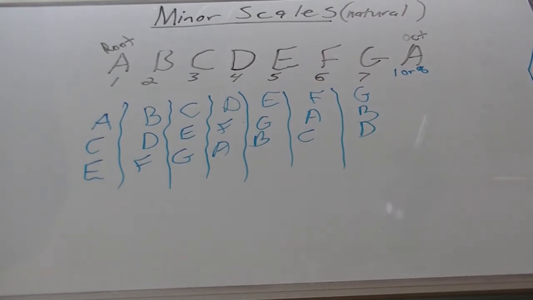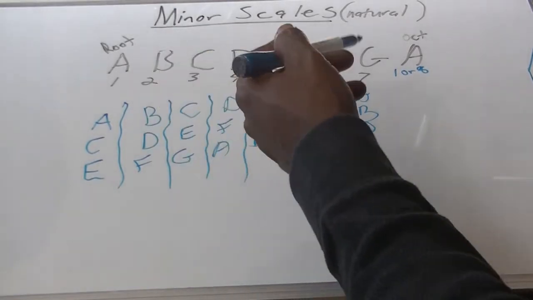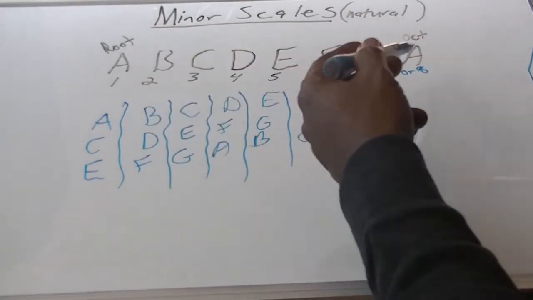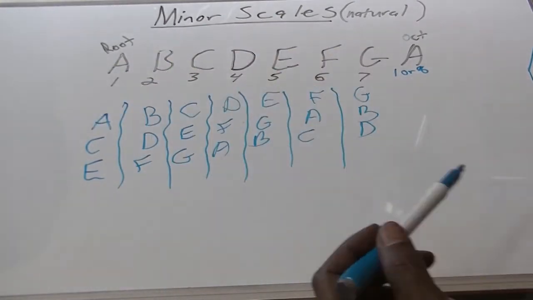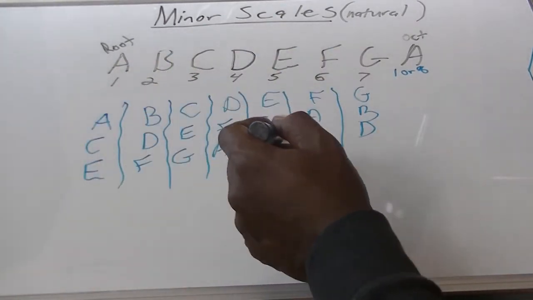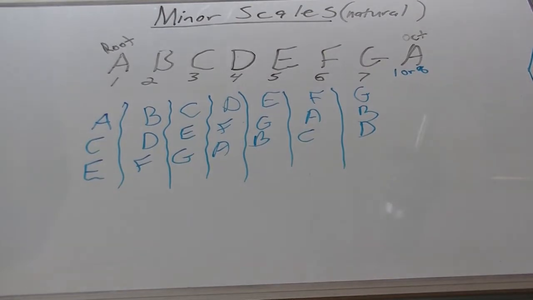And for anyone not familiar with the concept, we have a minor scale, which is a series of notes, and we have a series of chords that we've generated using these notes.